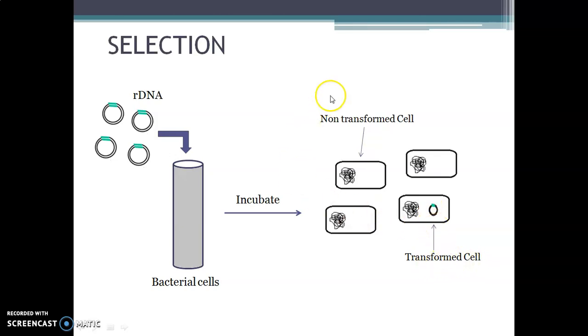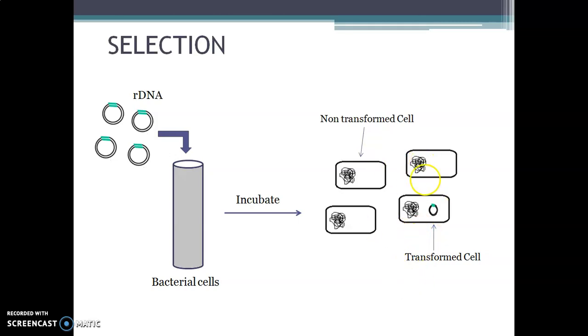So what we get is a mixture of these two kinds of cells. The non-transformed cells do not have the vector, do not have the rDNA. The transformed cells have rDNA inside those cells.